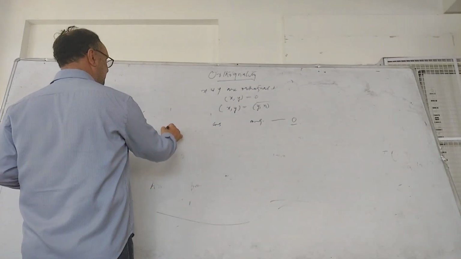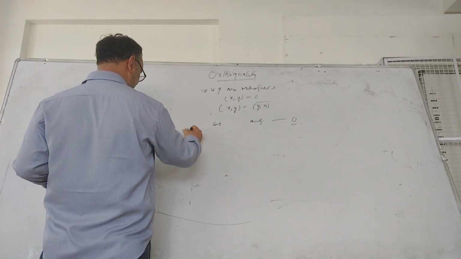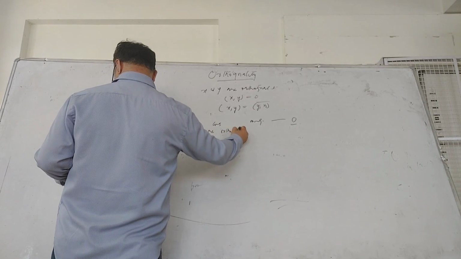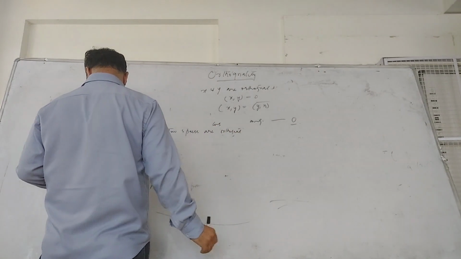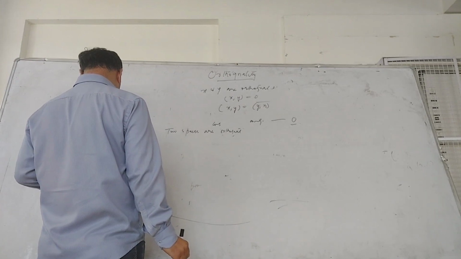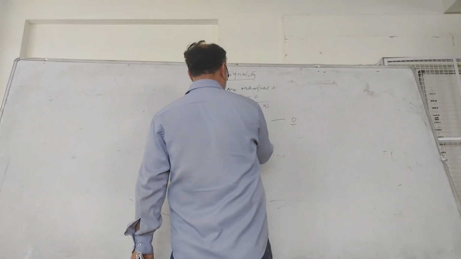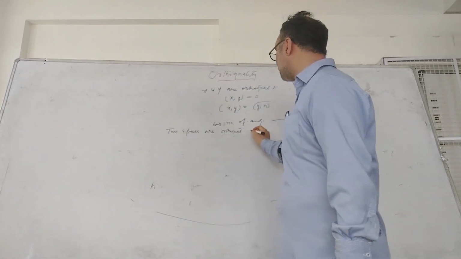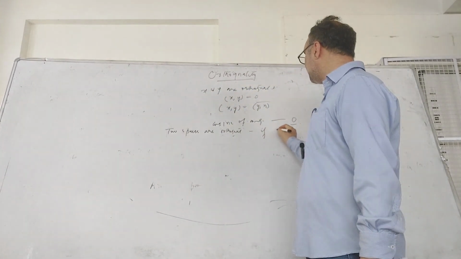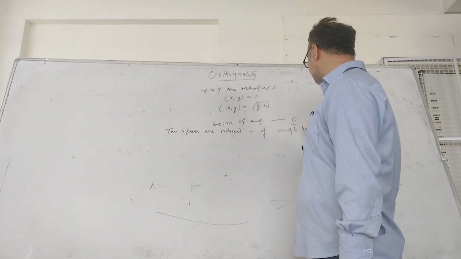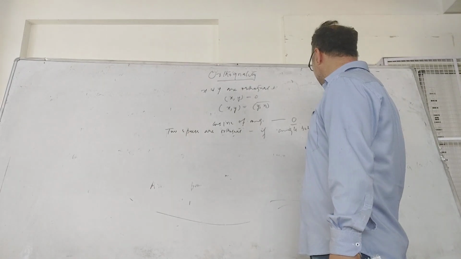So two subspaces are orthogonal if the cosine of the angle between them is 0.